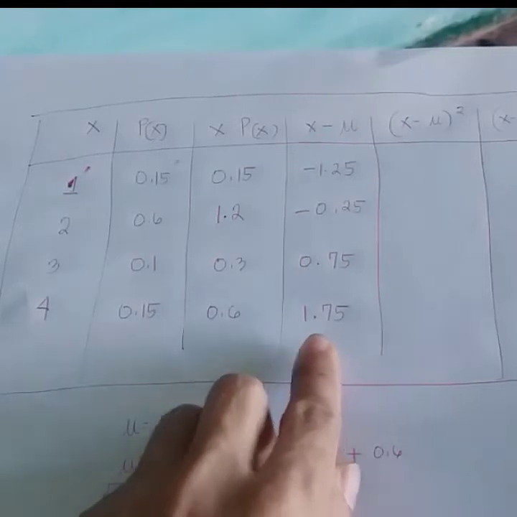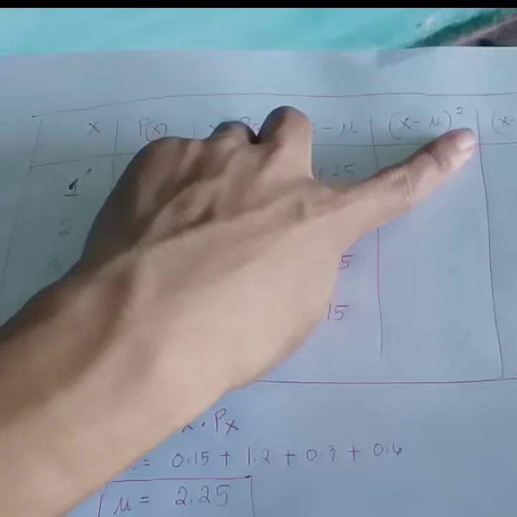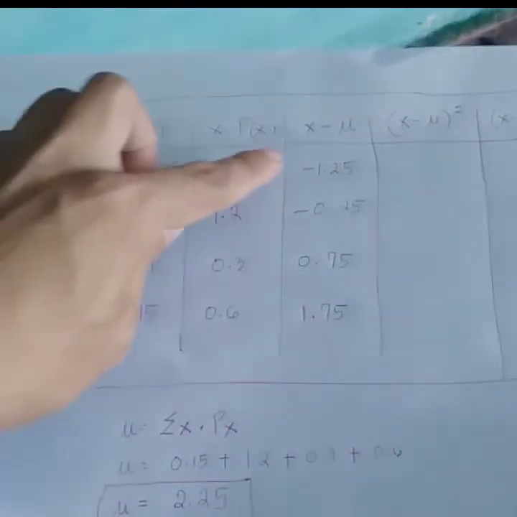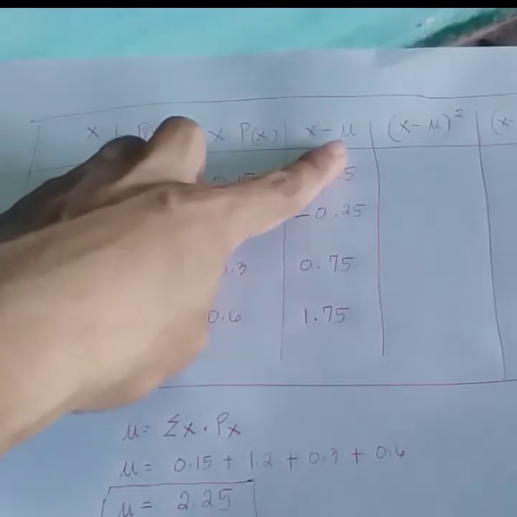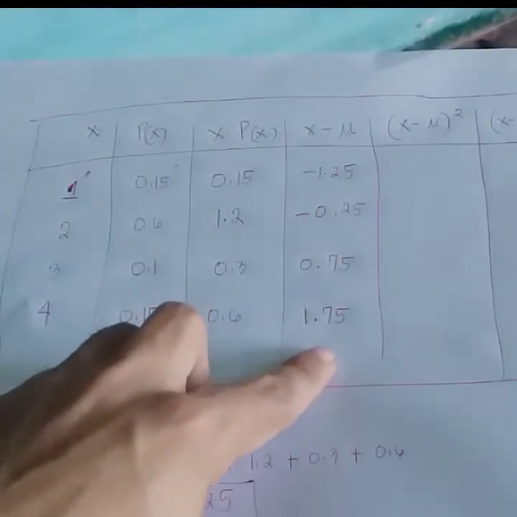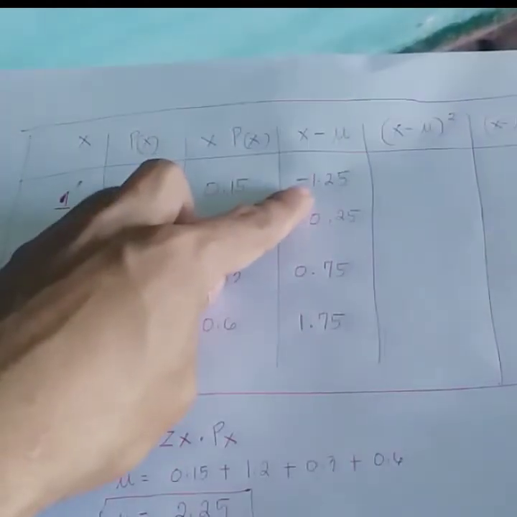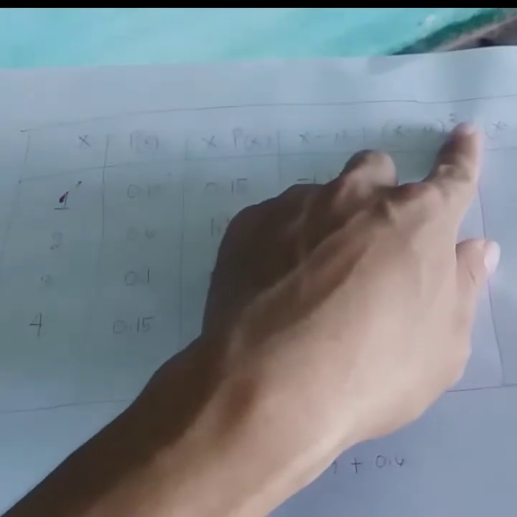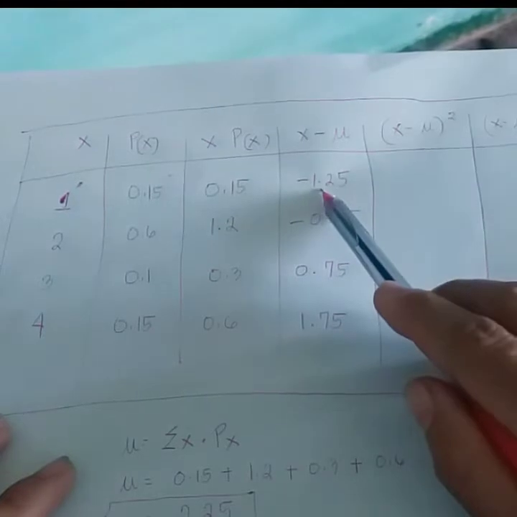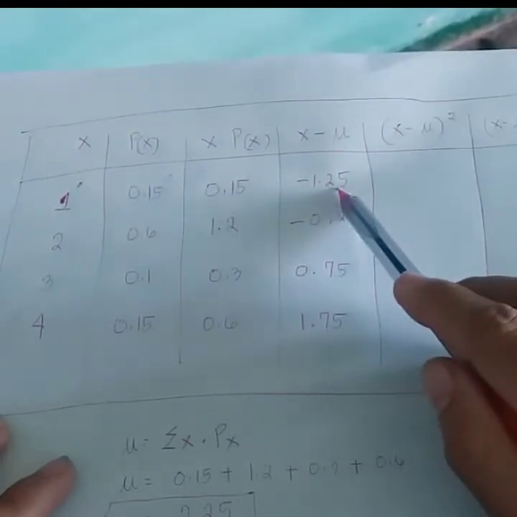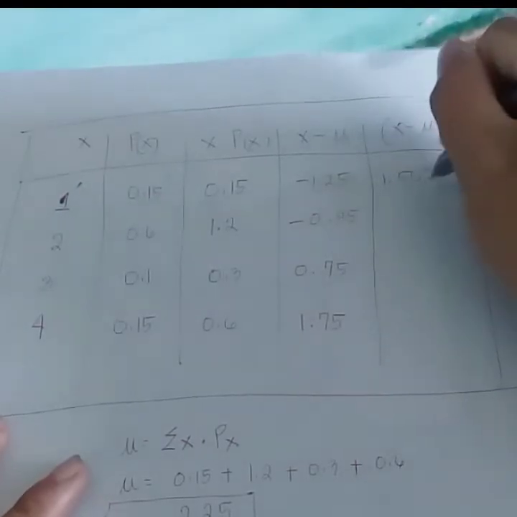Next, for the fifth column, x minus the mean squared. So in this case, we go back to the fourth column, x minus mean. Meaning to say, all of the values of the fourth column, lahat ng values na narito ay i-multiply natin by itself or squared. So, negative 1.25 times negative 1.25. So we have the answer of positive 1.5625.